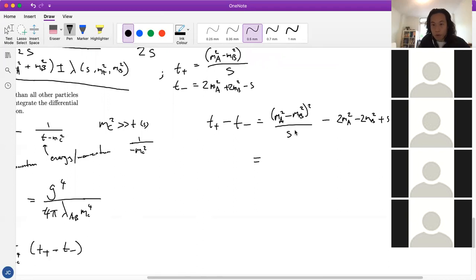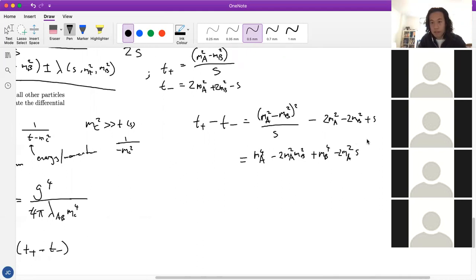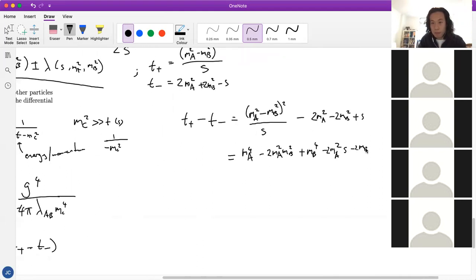Okay, putting them all in the same fraction, then I end up getting ma to the 4 minus 2 ma squared mb squared plus mb to the 4 minus 2ma squared s minus 2mb squared s plus s squared, all divided by s.